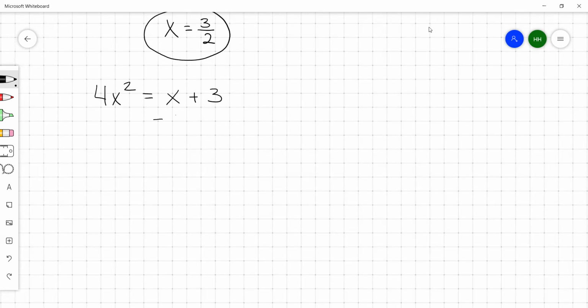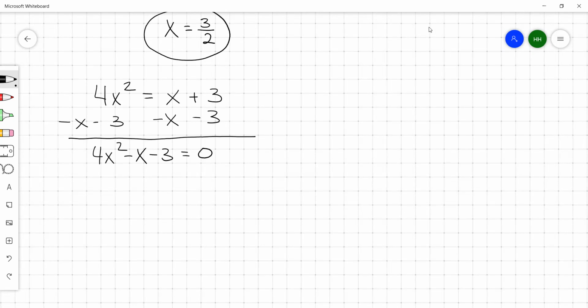So if you subtract x and you subtract 3 from each side, you get 4x squared minus x minus 3 is equal to 0. And then you would have to factor that trinomial using your matrix. Everybody all right with that?